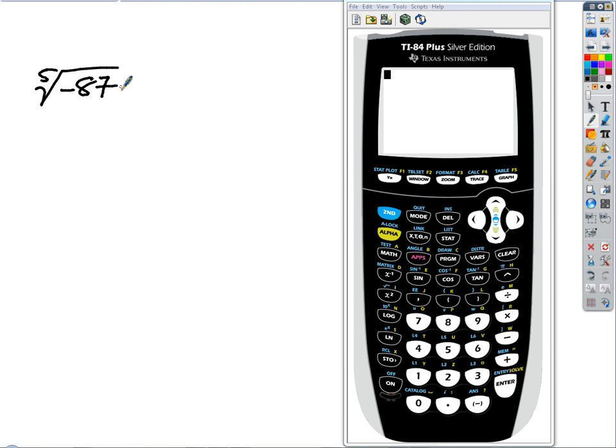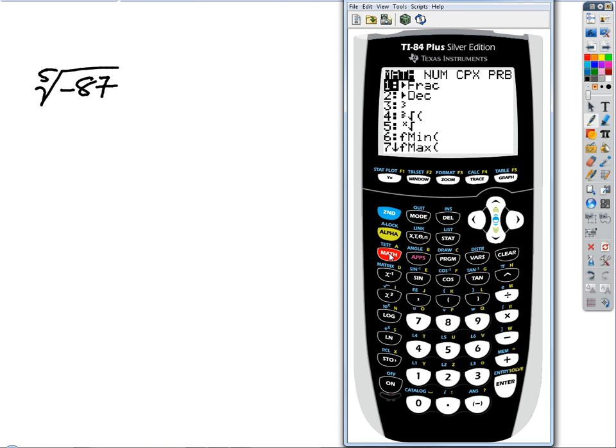There actually is a way to do this, but it's just not convenient. There's a way to put that in as an nth root, but I don't recommend it. You can go math menu, and choose number 5, and you're supposed to put the root in first.